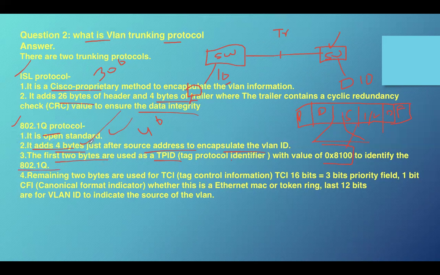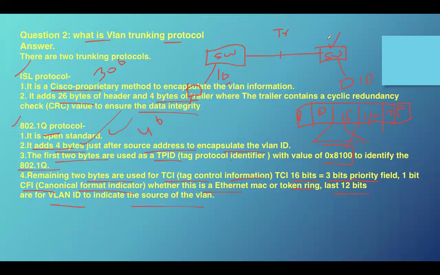The remaining 2 bytes, 16 bits, are used for the TCI, tag control information, out of which 3 bits are used for priority, 1 bit for the canonical format indicator, which identifies whether it is Ethernet MAC or token ring, and the last 12 bits are used for the VLAN ID to indicate the source of the VLAN.